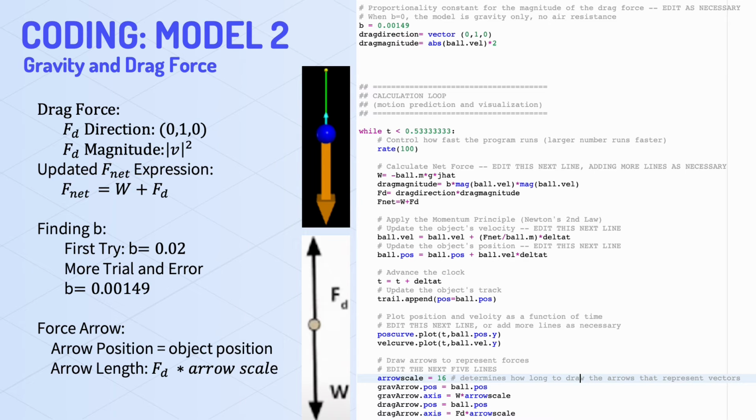In coding the model that included both drag force and gravity, the additional parameter of drag force was added to the net force. The constant b was found by trial and error, and I determined that value to be 0.00149 so that the final output was the closest to the result from the observed tracking information.